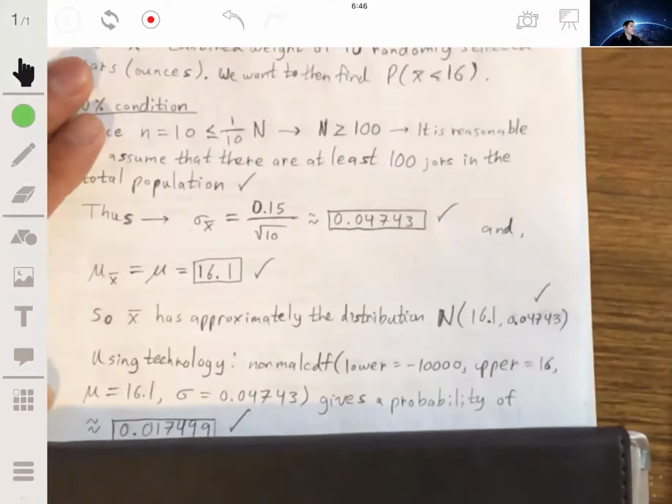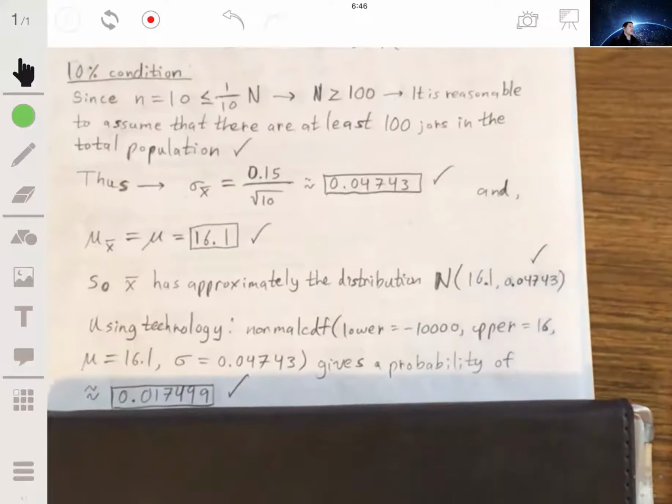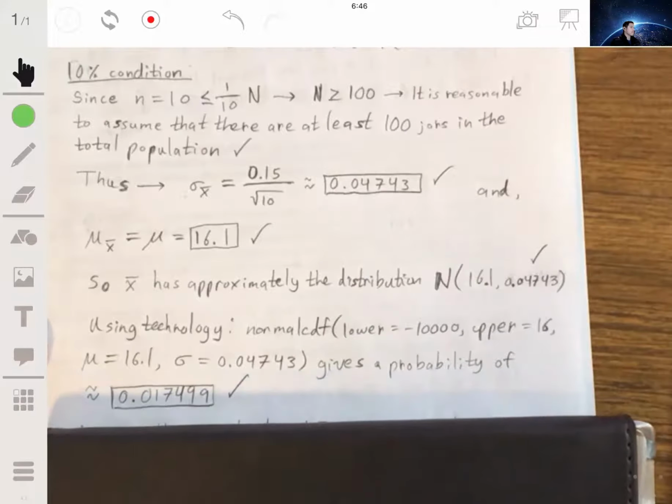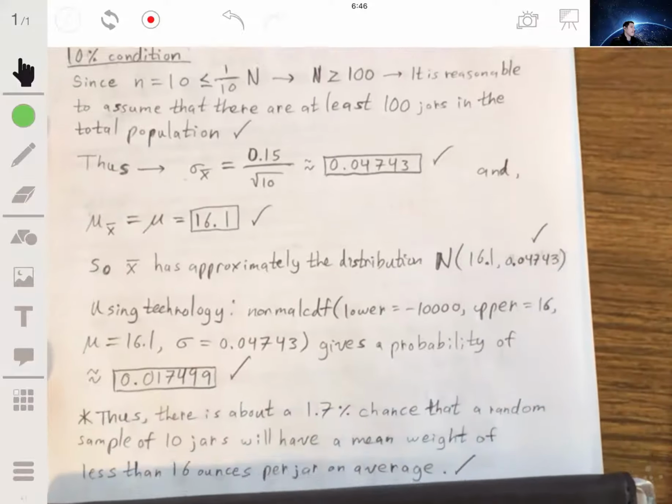So again, when you use technology, that's fine on your AP exam, but make sure you write something about how you got your answer. And I usually recommend this sort of format. And so our answer basically agrees with our intuition that it is going to be much more common to select one jar that weighs less than 16 ounces than a sample of 10 with an average of less than 16 ounces.